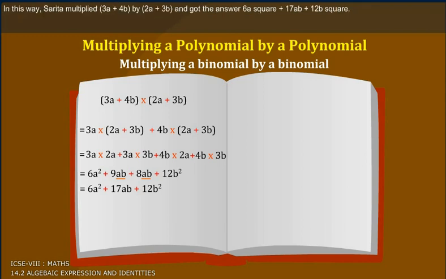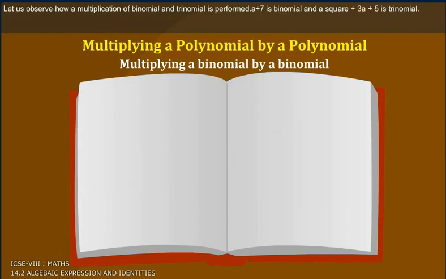In this way, Sarita multiplied 3a plus 4b by 2a plus 3b and got the answer 6a square plus 17ab plus 12b square. Let us observe how a multiplication of binomial and trinomial is performed.